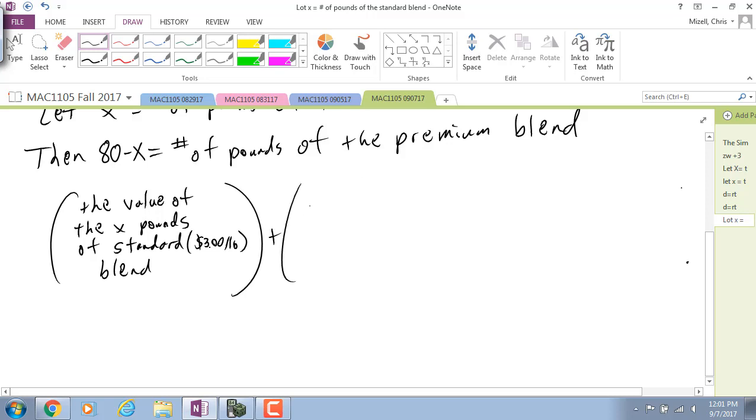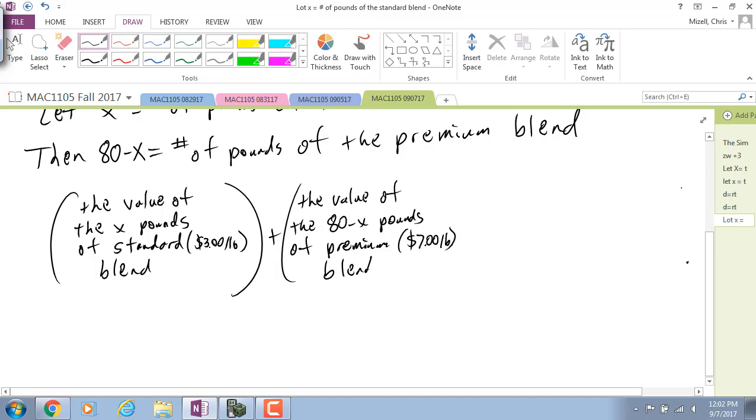If we add that to the value of the 80 minus x pounds of premium blend, $7 a pound coffee, there's the x pounds here, there's the 80 minus x pounds there.